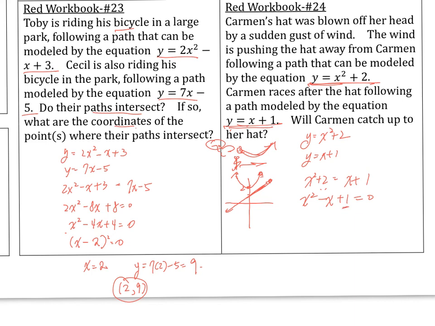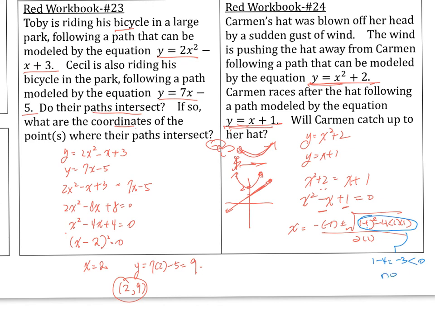And as you can see, you can't factor this. I'm going to double check with the quadratic formula. Or more like you can just double check the discriminant. Okay, and then this will come out to be 1 minus 4, which is negative 3, and that's less than 0.